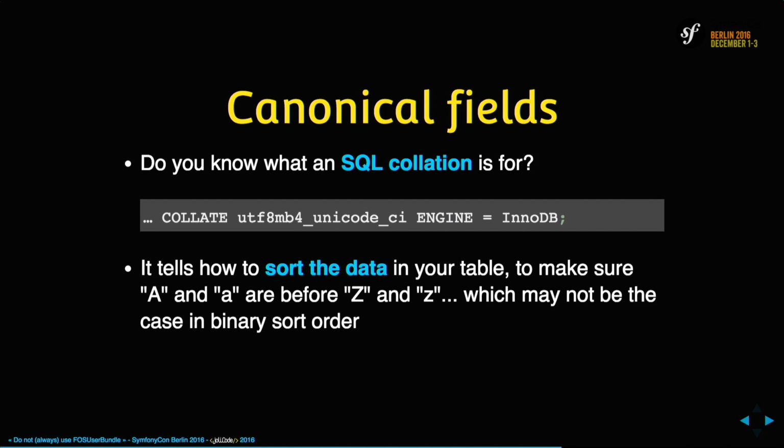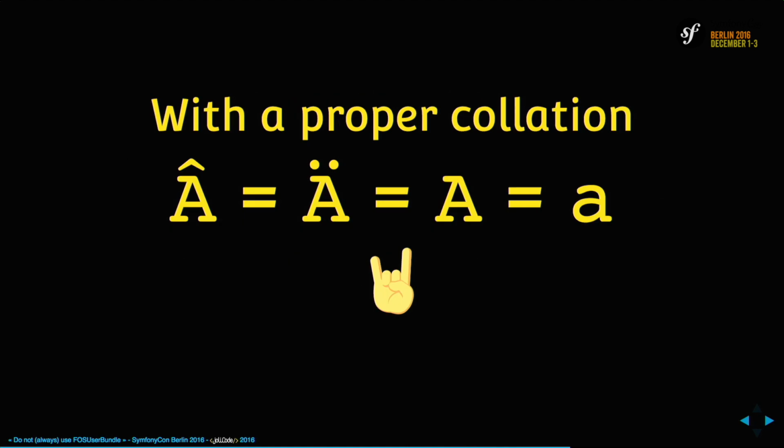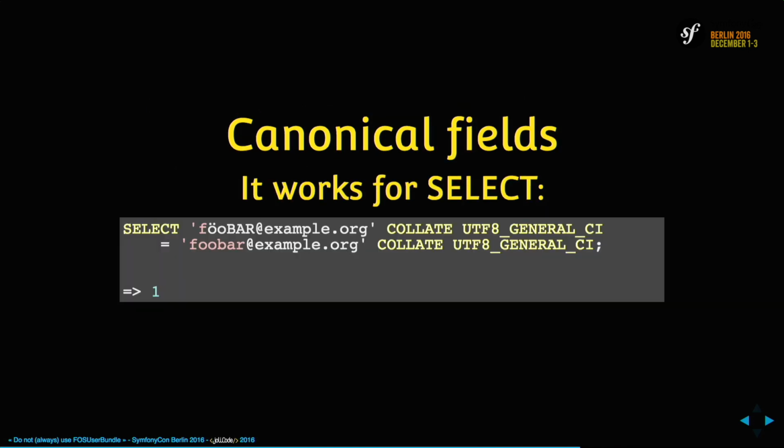So it makes sure the lowercase r is not before the uppercase A, and the uppercase Z is not before the lowercase a, which would not be the case in a binary sorting order. With a proper collation, all of those are strictly equal. So I think you get it.